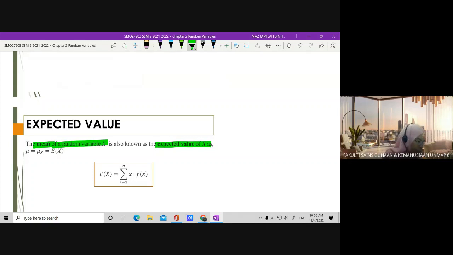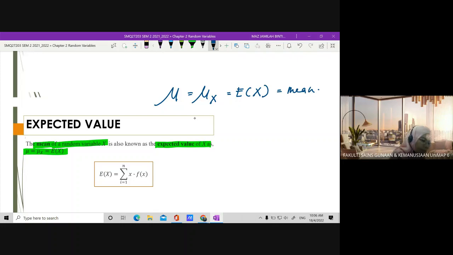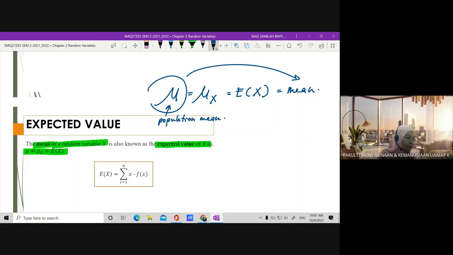Sometimes it will be written as mu, mu of that particular random variable x, is equal to the expected value of x. That will be the mean. This one is the population mean.